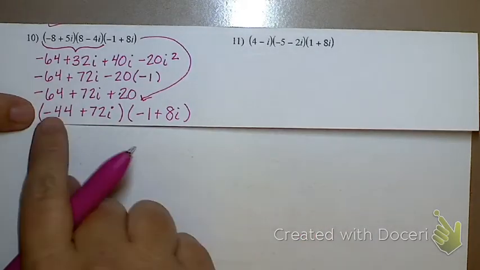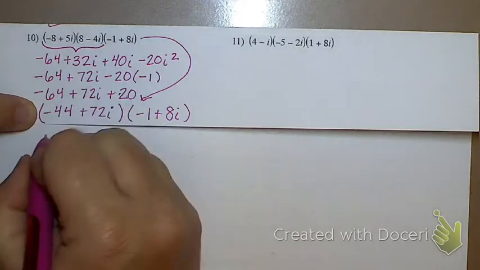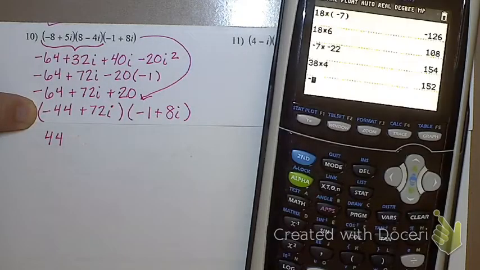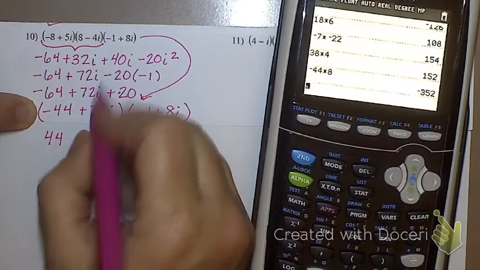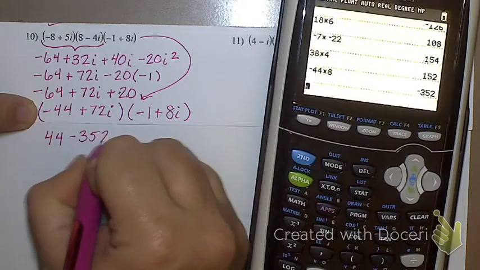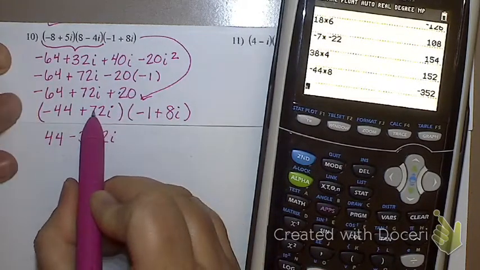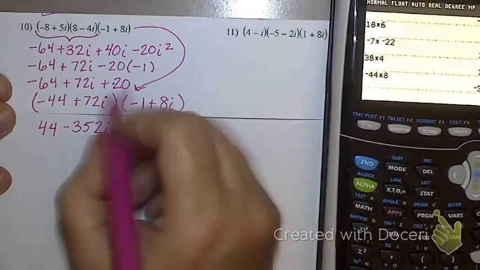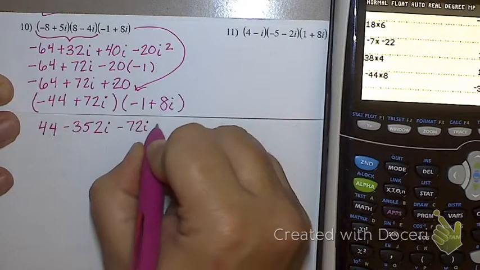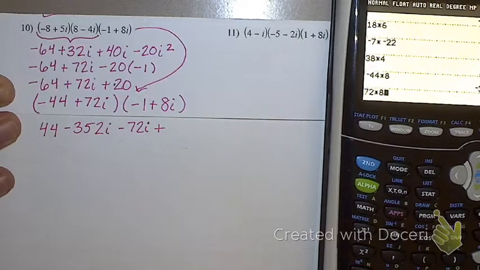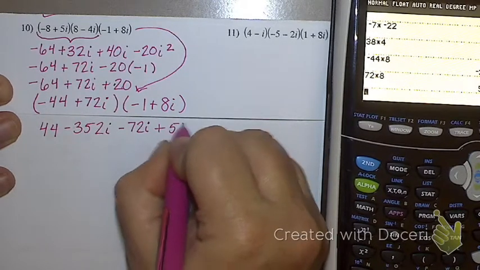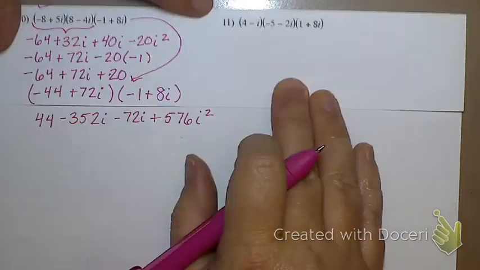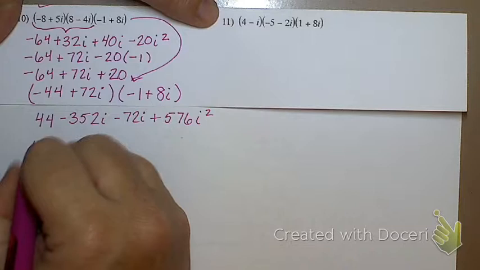Okay? So -44 times -1 is positive 44. -44 times 8i is -352i. 72i times -1 is -72i. And then finally 72i times 8i squared is what? 576i squared. All right, so let's see. 44.